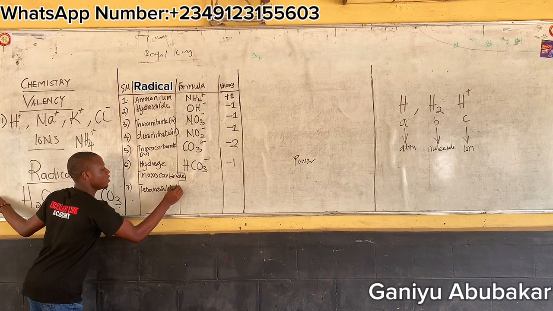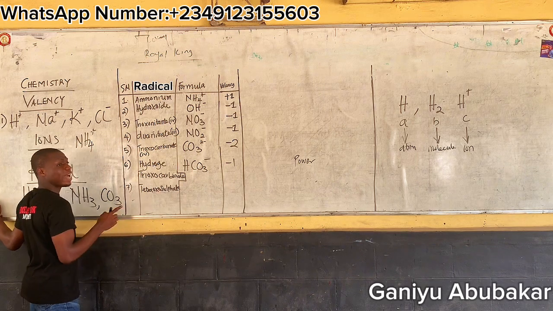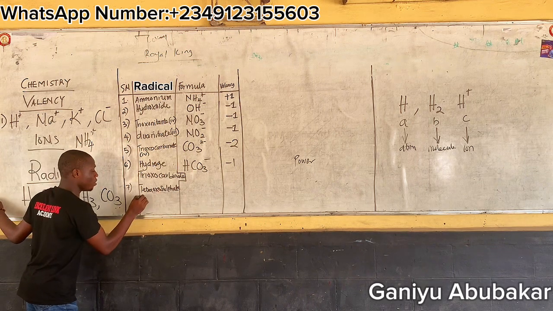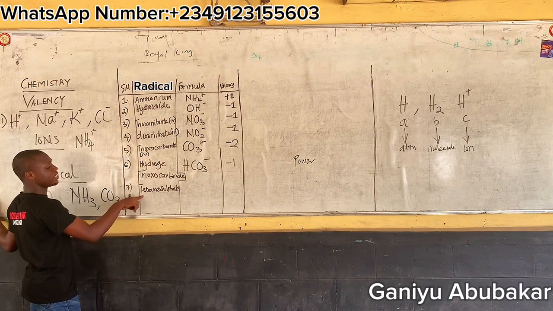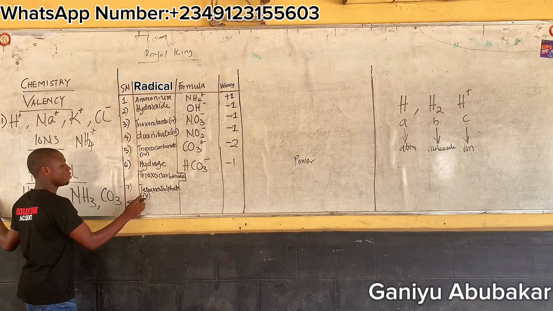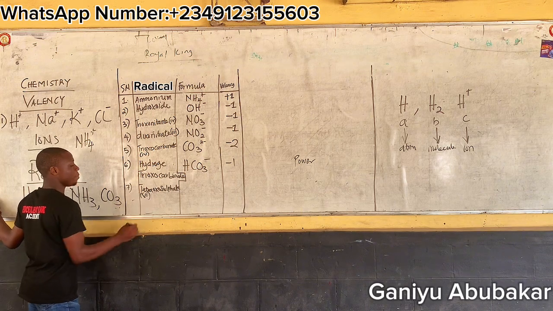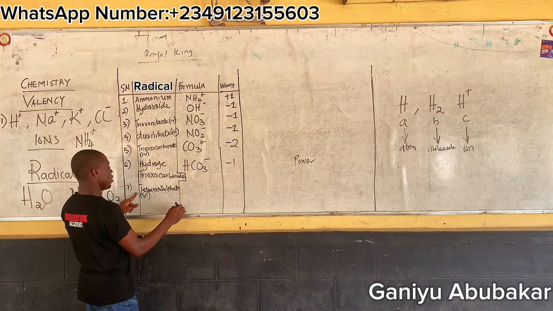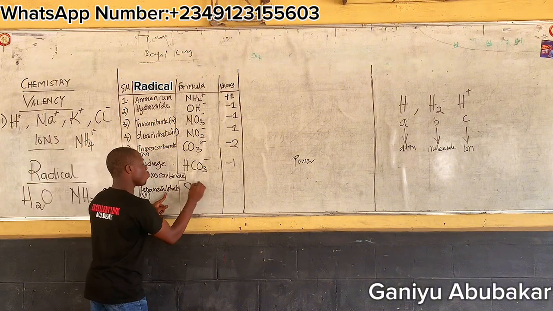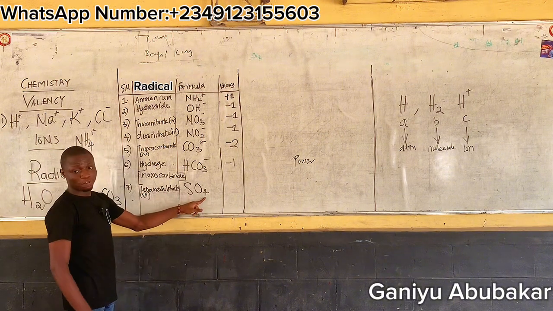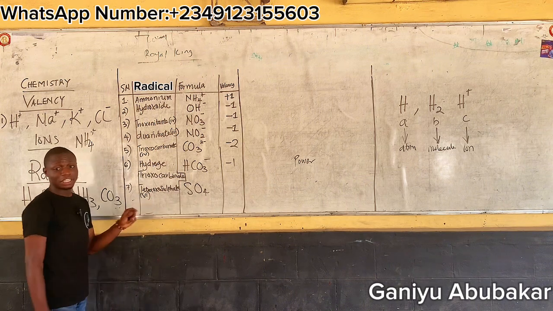Number 7, we have tetraoxosulfate 6. Is this IV? No, VI, sorry. So that becomes tetraoxosulfate, SO4. Tetra is 4. Tri is 3.